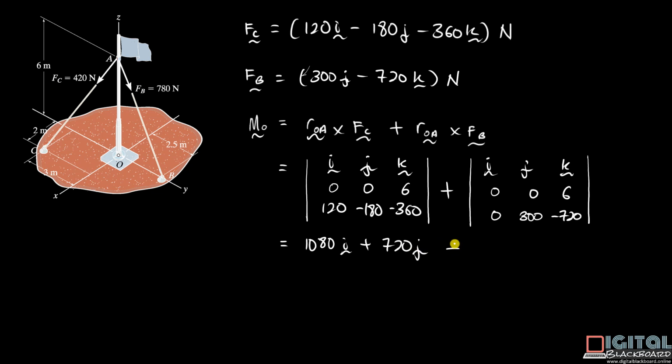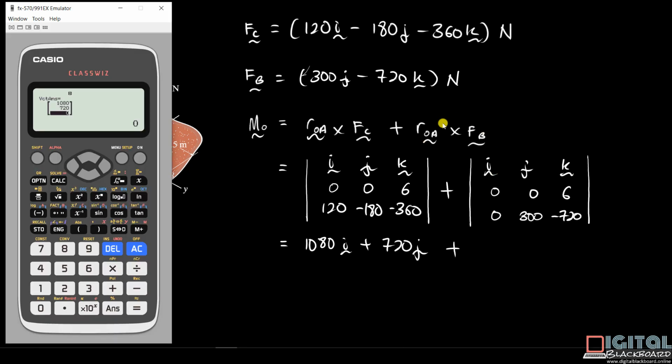So for the other cross product, we come back to our calculator, and then we go back to option, and now we choose vector A again, our moment arm ROA, and cross FB. Remember, FB was stored in our vector C, which is option 5.